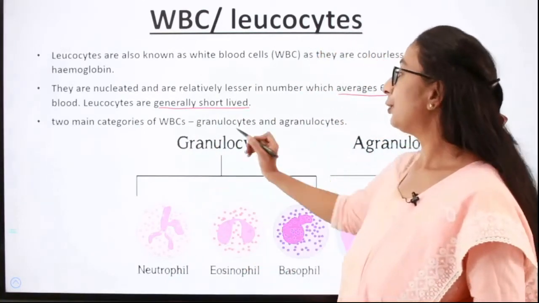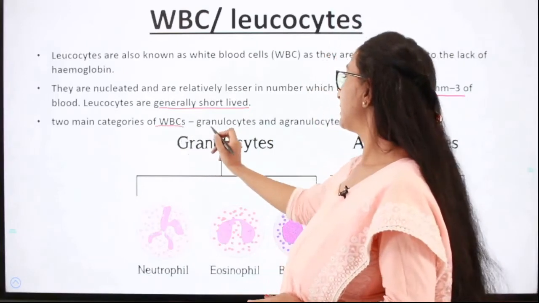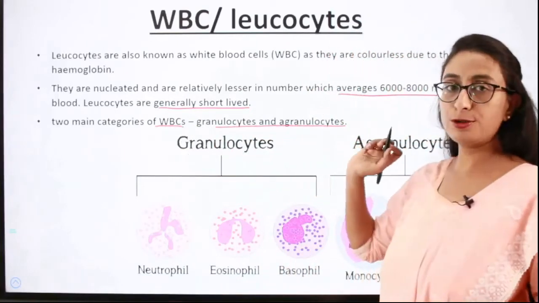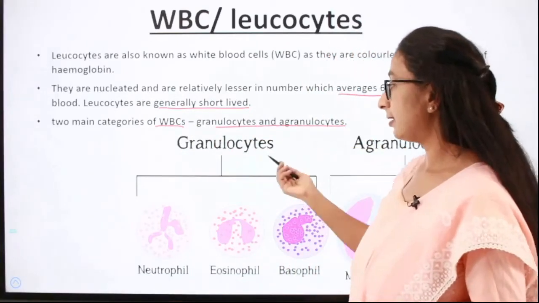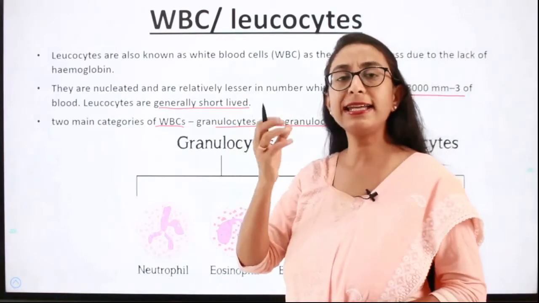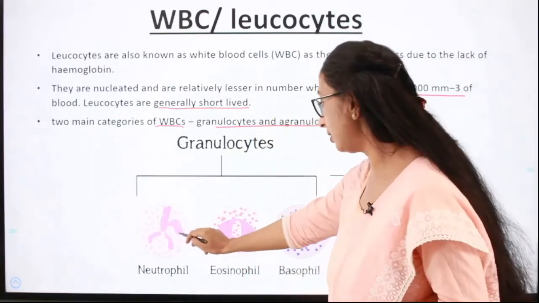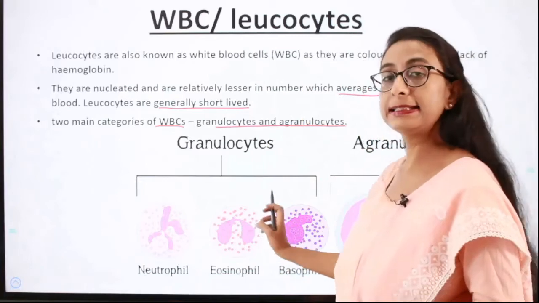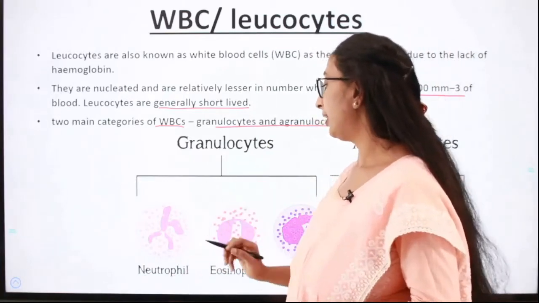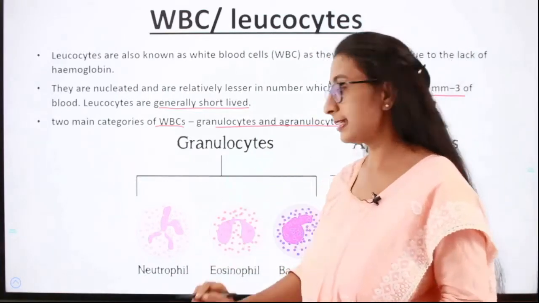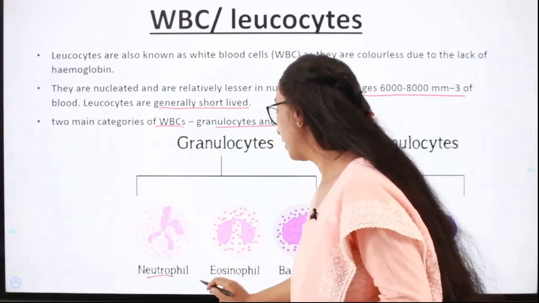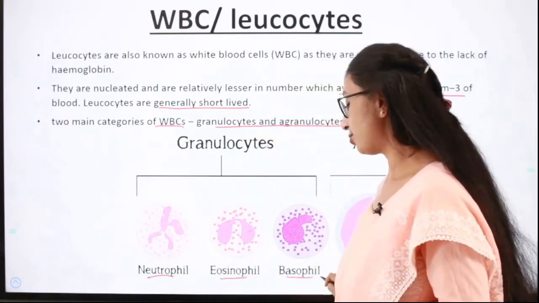Okay, so then there are two categories of WBCs, that is the granulocytes and the agranulocytes. Granulocytes are the cells in which granules are present. Here you can see the presence of granules, isn't it? These are granulocytes. So we have three kinds of granulocytes, that is the neutrophil, the eosinophil and the basophil.